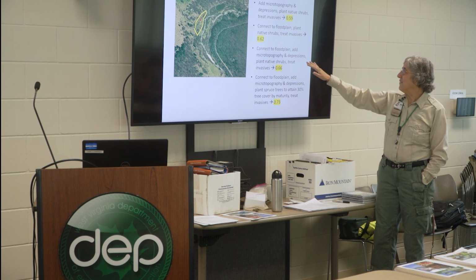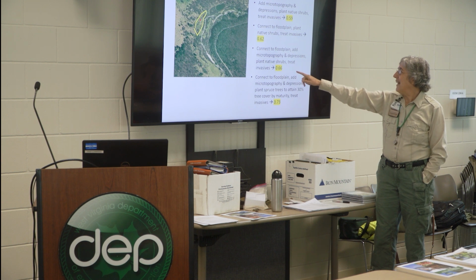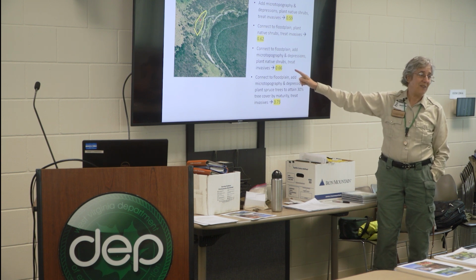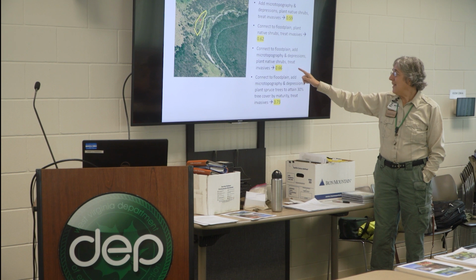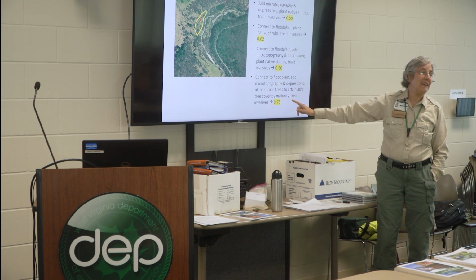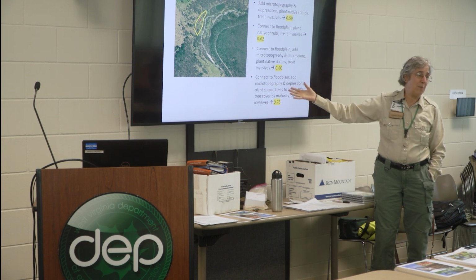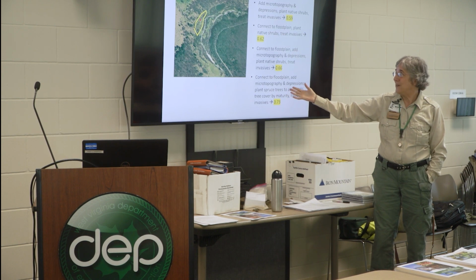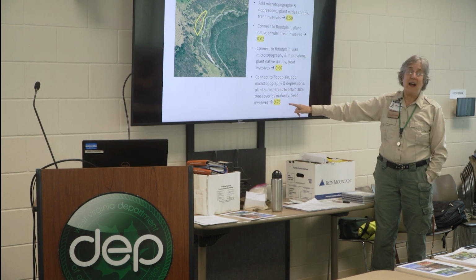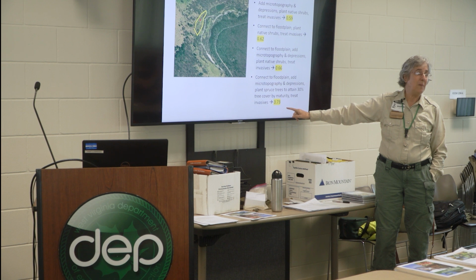If you did the floodplain, the microtopography, the shrubs, and invasives, you could get to a 0.66, which is where they did get to. If on top of that, you planted red spruce trees, which would be the appropriate wetland tree to plant in this particular habitat, could have gotten to a 0.73, maybe not in 2 years, but possibly in 10 years.